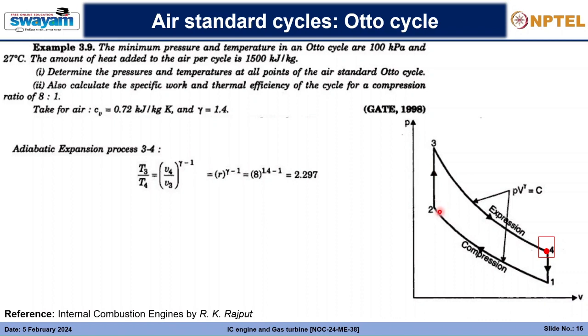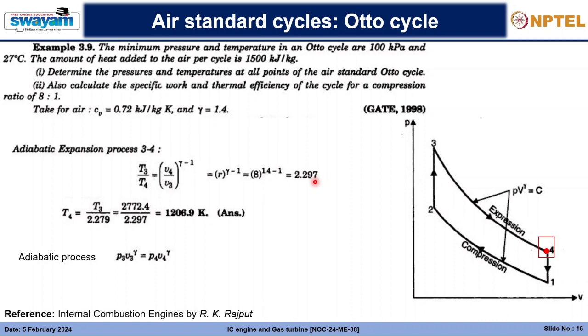That is the compression ratio, so we simply plug in the compression ratio and we get the value of the ratio. Then T4 can be given by this expression, that is around 1200 Kelvin.